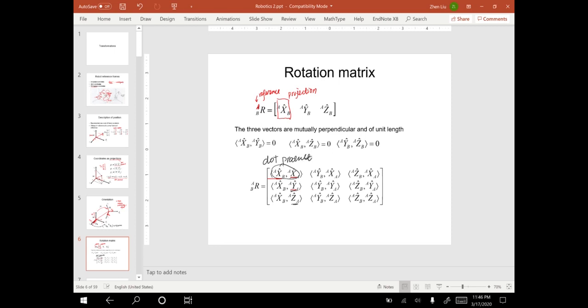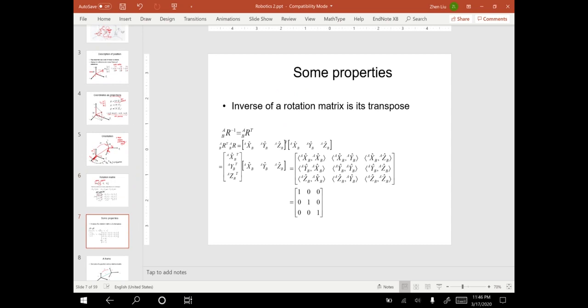And so finally, the rotation matrix of B with the reference of A can be calculated by XB projected to A, YB projected to A, and ZB projected to A. Okay, so that is 3 projections.